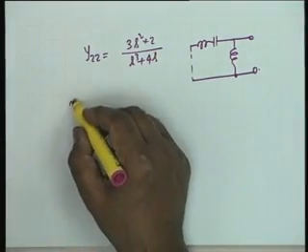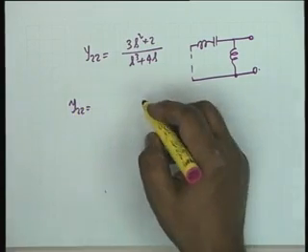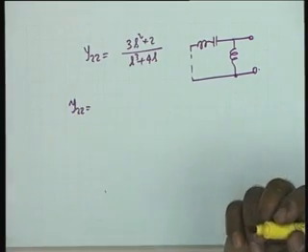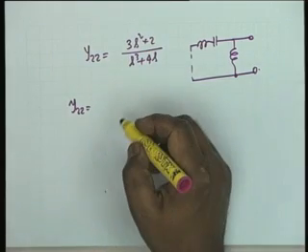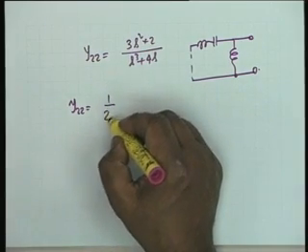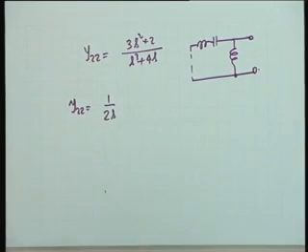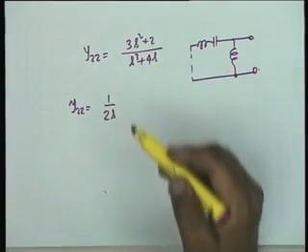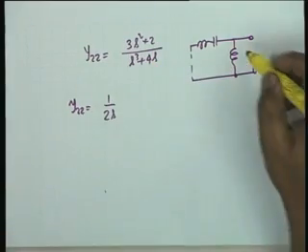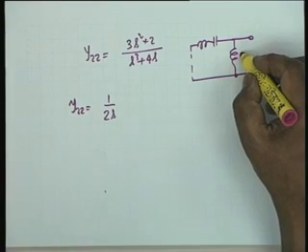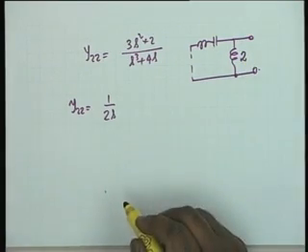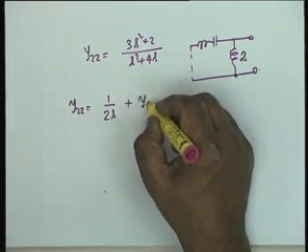So what we do is write y22 as, what is the residue at the origin? Isn't it 1 over 2s? Correct? When s tends to 0, it is 1 over 2s. So what is this inductor then? 2 Henry. Agreed? Plus some admittance y1.